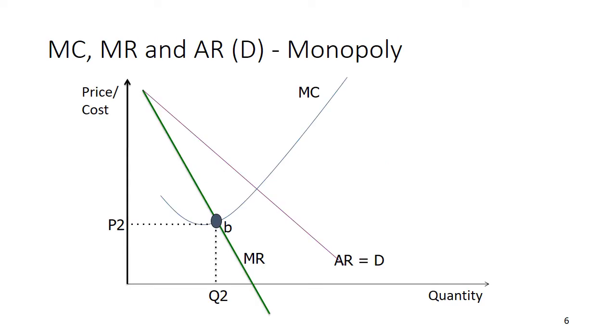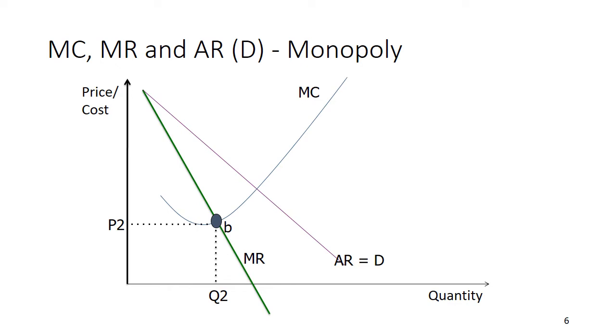Now this is the demand curve and MR curve. You can draw this line. Then your MC curve in a monopoly is also not changed, right? It is a normal MC curve.